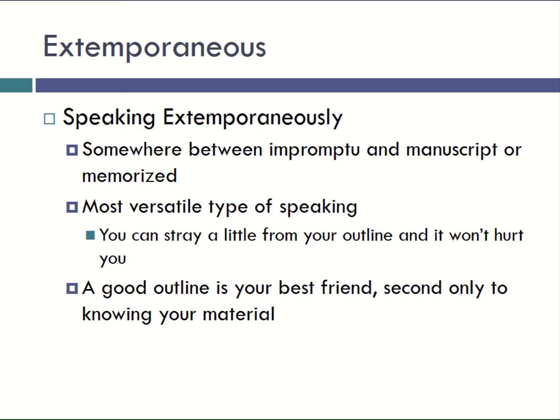So whenever you write your outline, you're not going to write everything you know about the subject. You're only going to write about certain things. And then you have to train yourself that you are only going to talk about those certain things. You could talk all day long about the subject, but you only have time to talk about these specific things. That's the way an extemporaneous outline is meant to function.